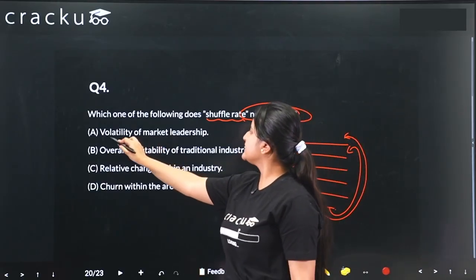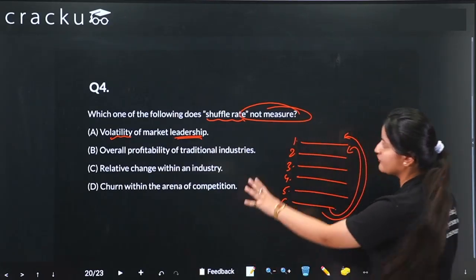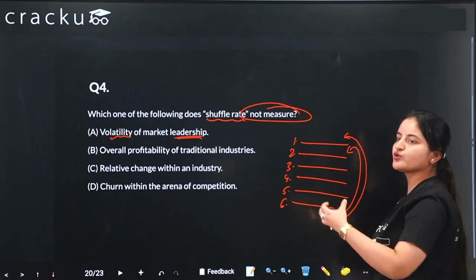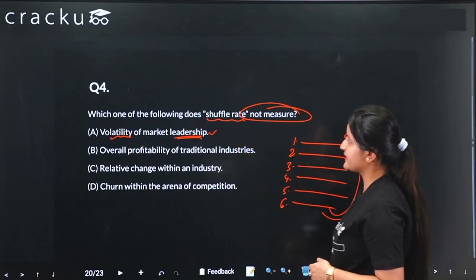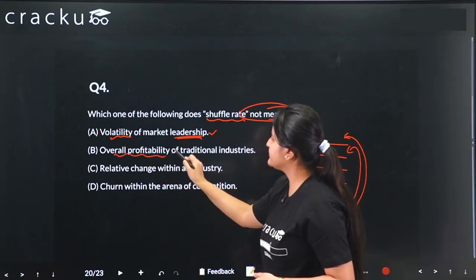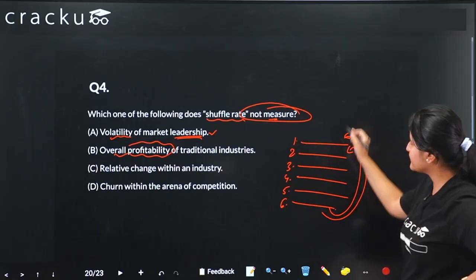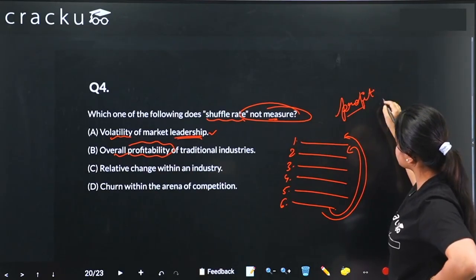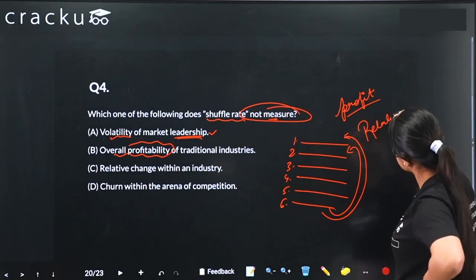So, volatility of market leadership. Does shuffle rate tell that? Yes. Volatility means how quickly the leaders change, how exposed the leaders are to changes. So yes, it measures that. We have to answer what is not measured. Overall profitability of traditional industries. Does shuffle rate talk about profit at all? Shuffle rate is basically about relative changes.